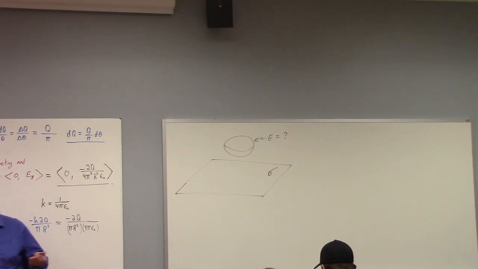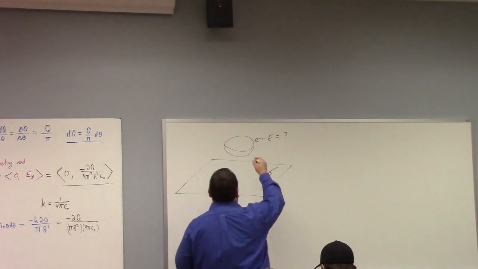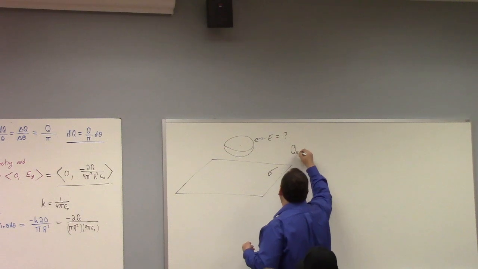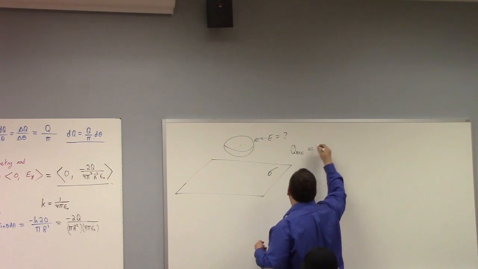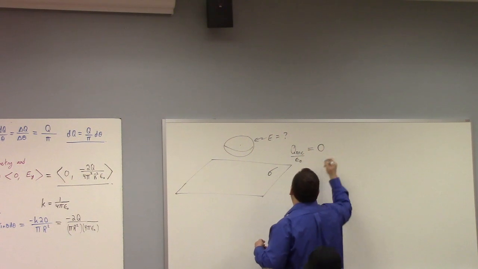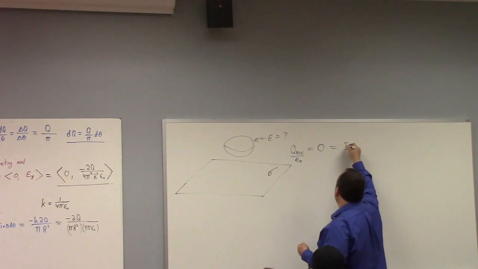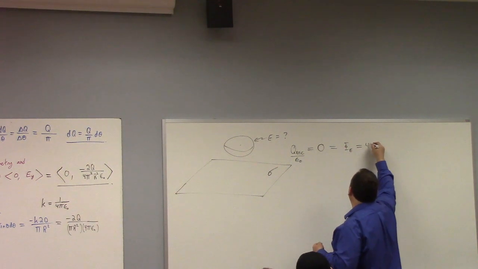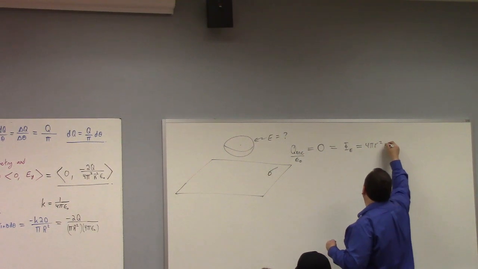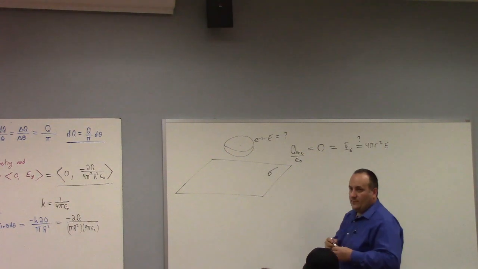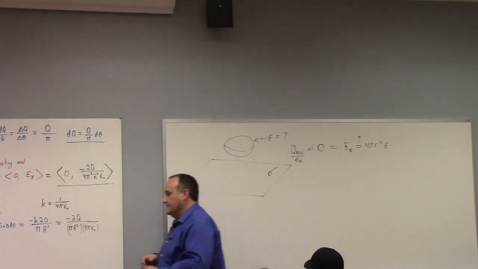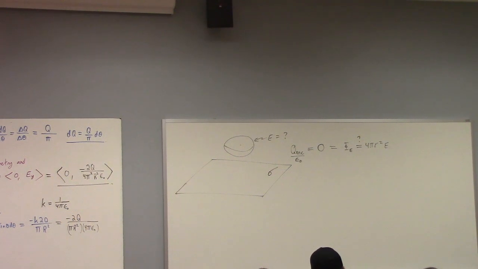What's the charge enclosed in this sphere up here? Zero, right? And that's equal to the electric flux through the sphere. But is that equal to 4 pi r squared E? Why not?